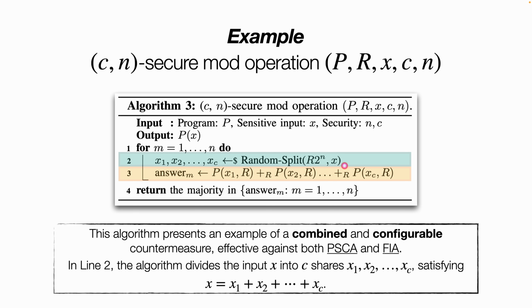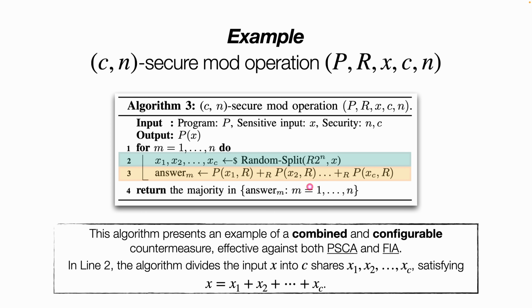And this shows a so-called C-N secure countermeasure over modular operation, right? It takes the modular operation itself, the secret value X, and the C and n security parameters, right? So based on the number C, it creates C shares from a given X. We are going to talk about the random split function momentarily.